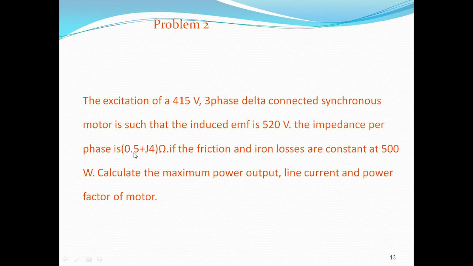So RA is equal to 0.5 and synchronous reactance Xs is equal to 4. If the friction and iron losses are constant, that is 500 watts, calculate the maximum power developed, line current and power factor of the motor. So this is the problem given. Note down this problem.